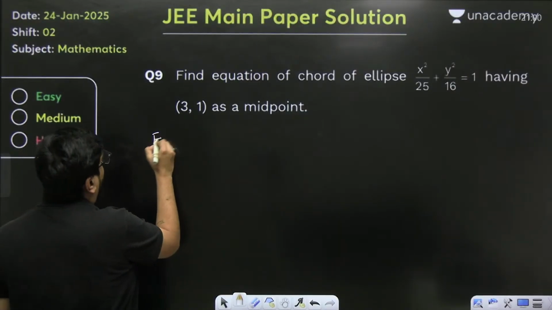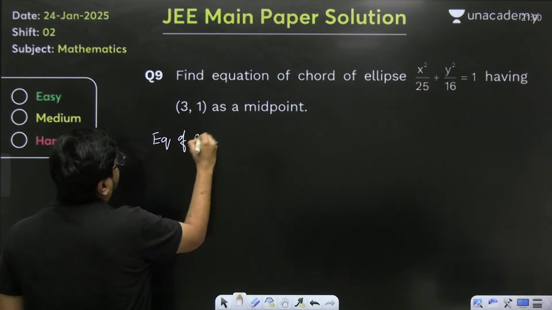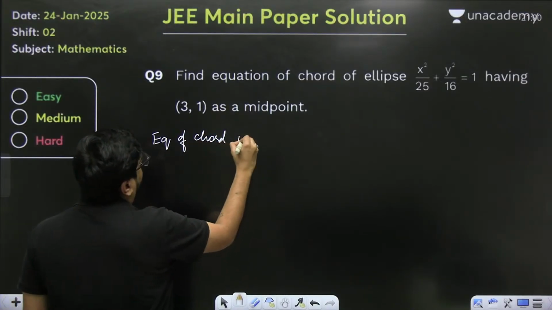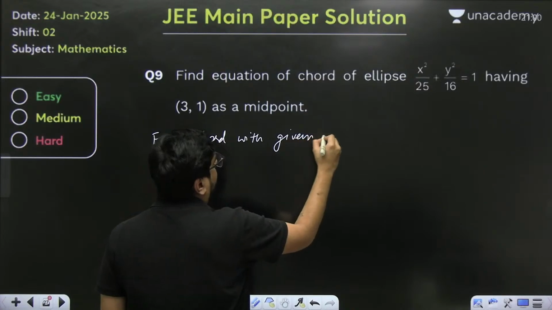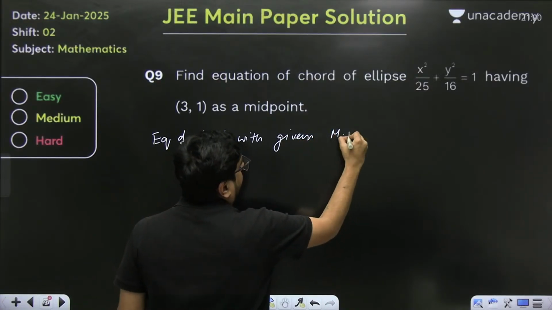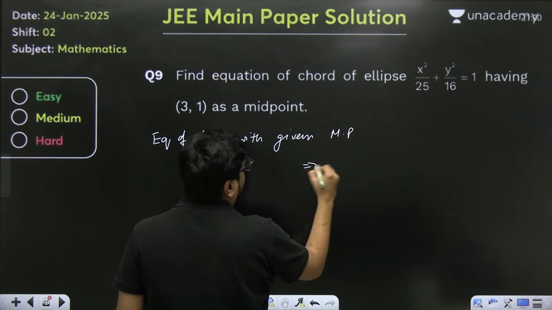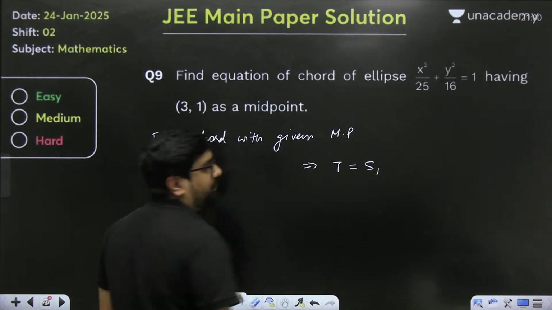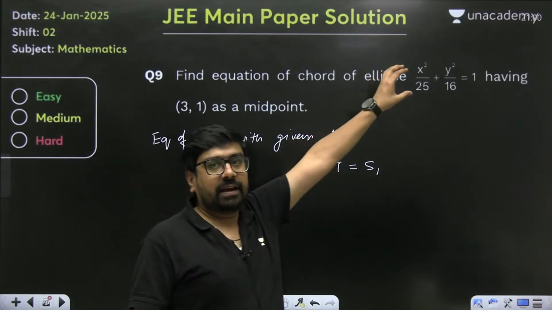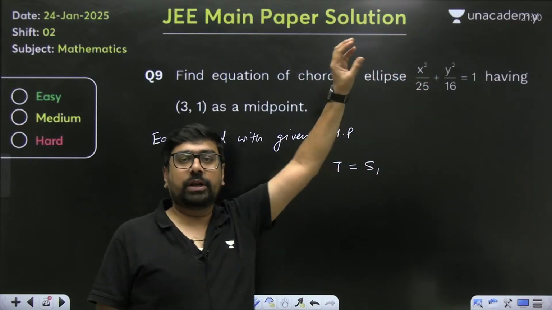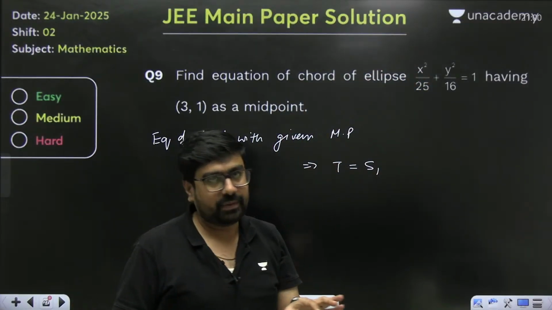So equation of chord with given midpoint is always, you have to remember it, is given by T equal to S1. Just remember T equal to S1. T means wherever you see x square and y square, you put x x1 and y y1.